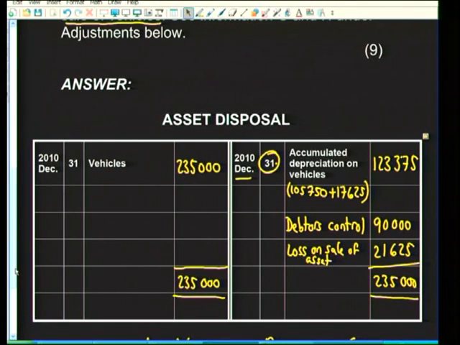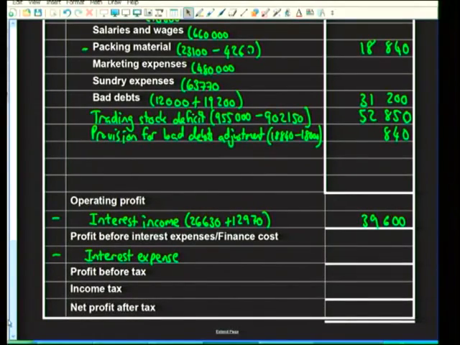Very, very important when you're doing a combined question like this is to identify that a loss on the sale of the asset is actually an expense to the business, and as such it has to be shown in the income statement. So what we need to do to complete this adjustment is go back to our income statement, and in the operating expenses section we need to write loss on sale of asset, because that was an expense to our business.